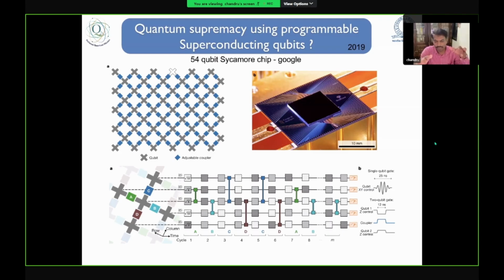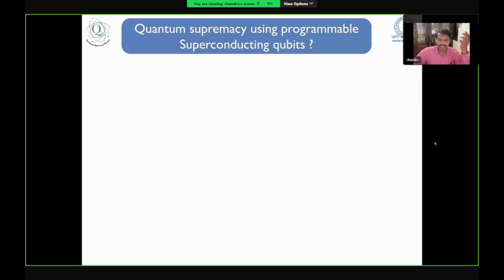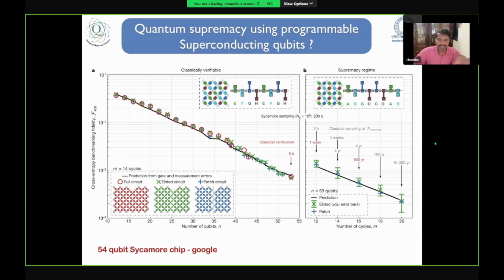This also boils down to why I was talking about the power of a good 50-plus qubit system compared to a classical system. But later on, there were questions which people raised about classical verification, and people came up with a new classical algorithm which can actually reproduce the result in a more reasonable time than what they had estimated.